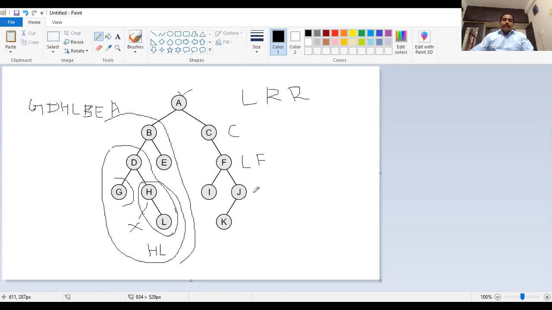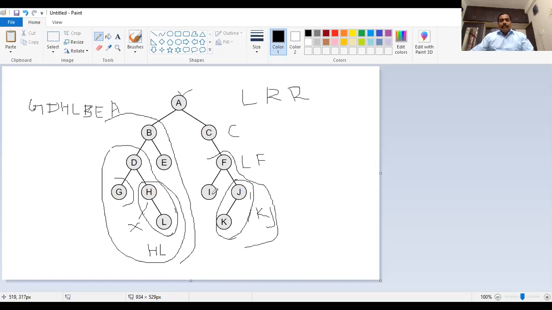J is there, so the J portion is there. What is the output of this portion? We know that it is left child and then root. So first the left child K will come, then the root, which becomes KJ. So what is the outcome of this entire portion?